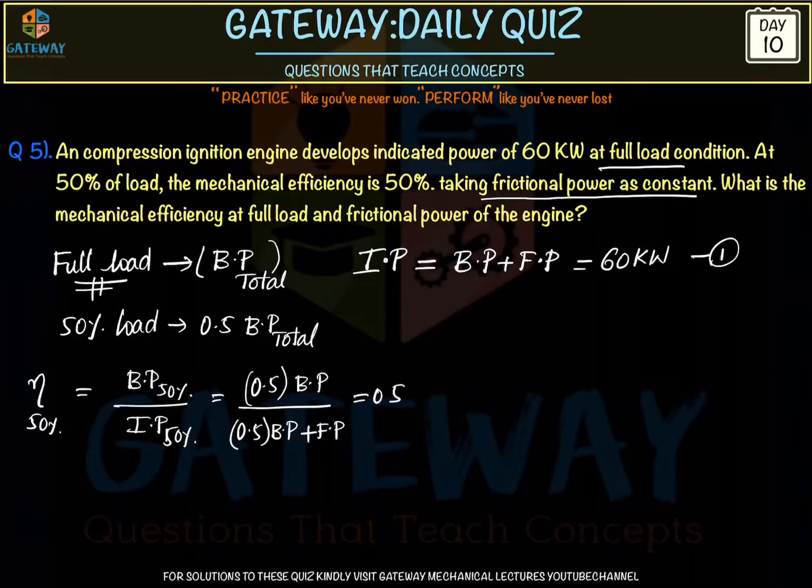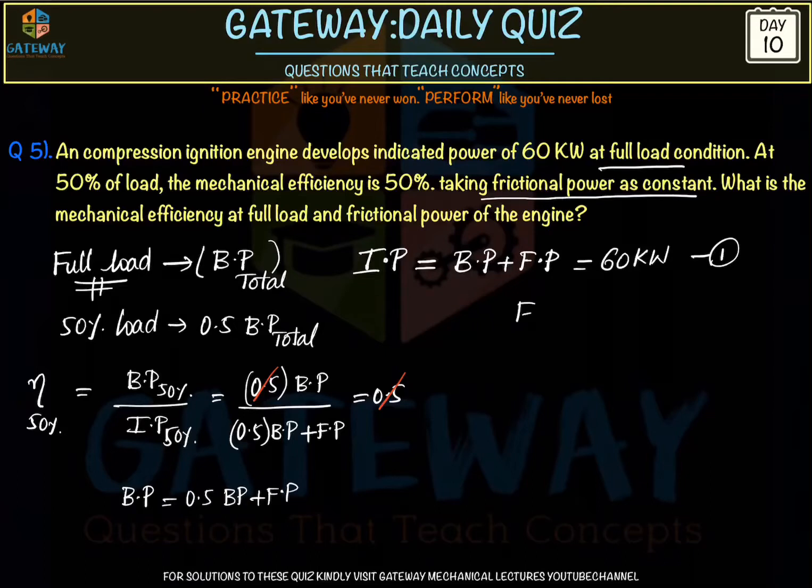That is given in the question as efficiency of 50%, nothing but 0.5. We'll do one more easy simplification here. This 0.5 and this 0.5 will be cancelled. Then we'll get BP is equal to 0.5 times BP plus FP.